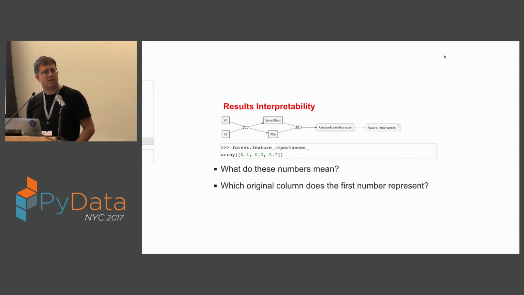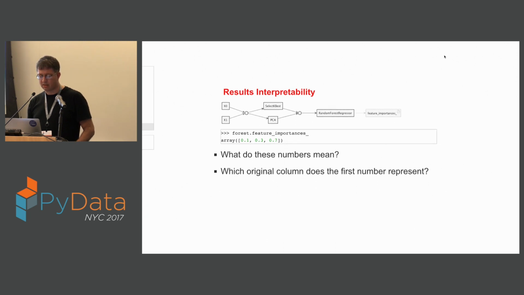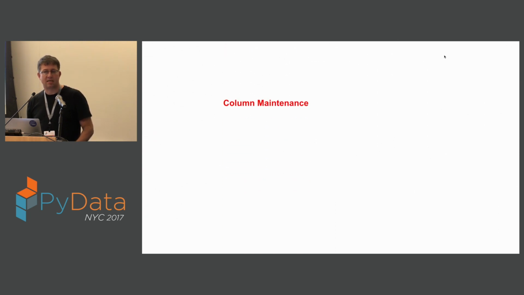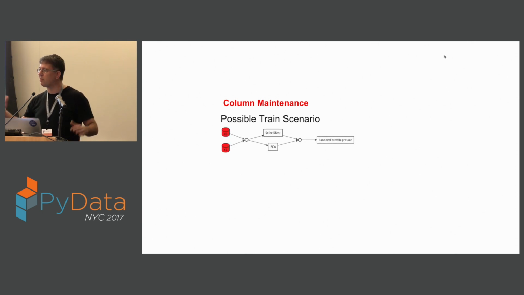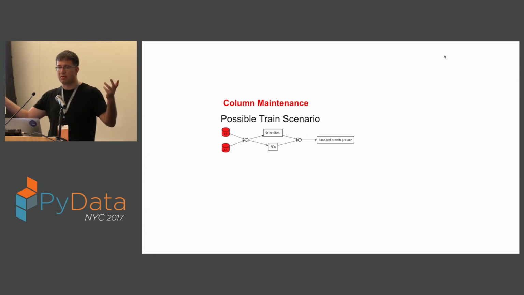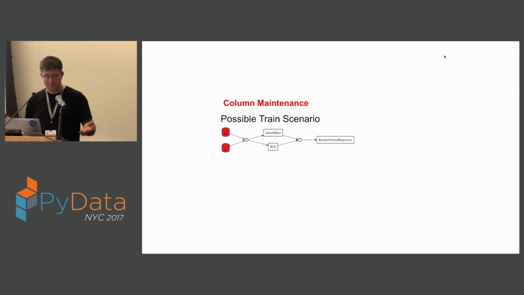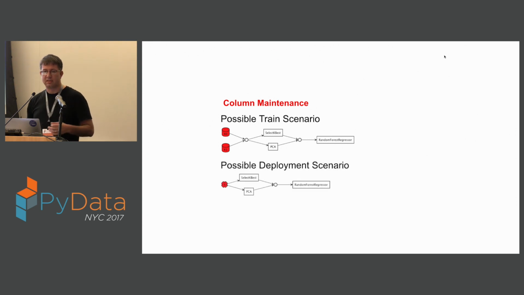And even more than just interpreting the results, it's sometimes difficult just to get the thing working correctly. So here's a mistake that I once made. It could be that in the training, x0 and x1 come from two different databases, and you load them up and concatenate them and train your model. But once you have your model fitted and you want to deploy it, the data is coming from somewhere entirely different.